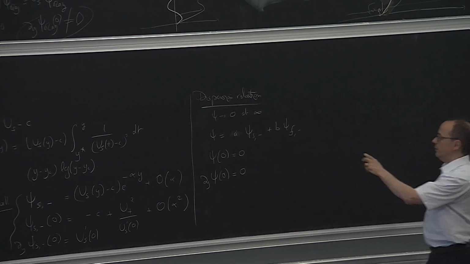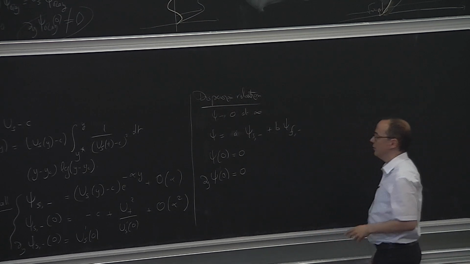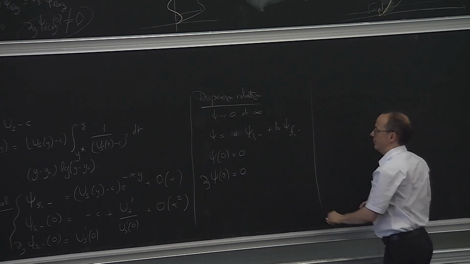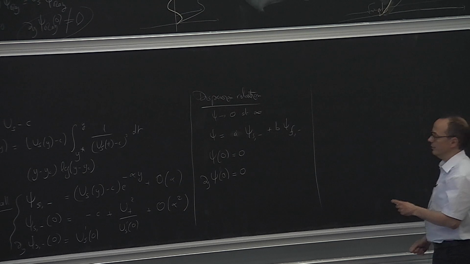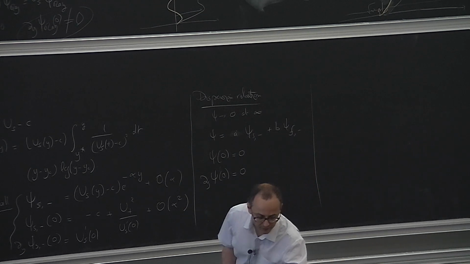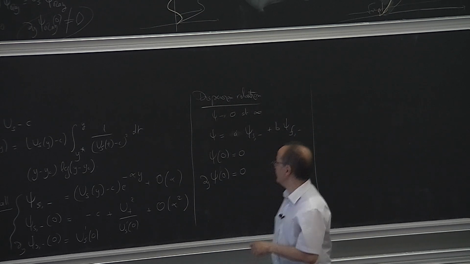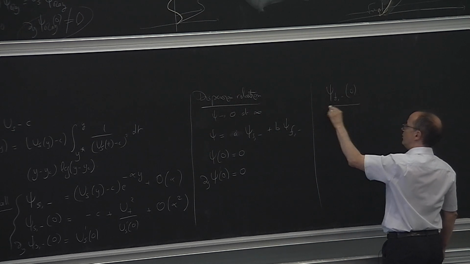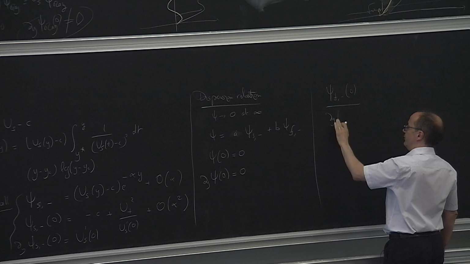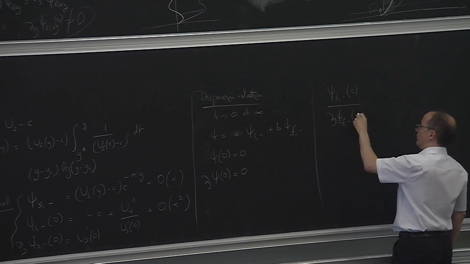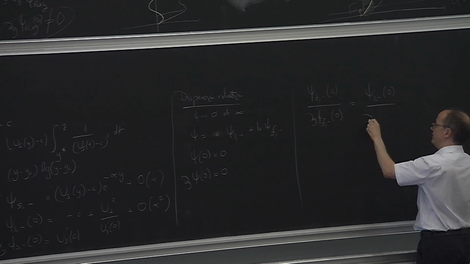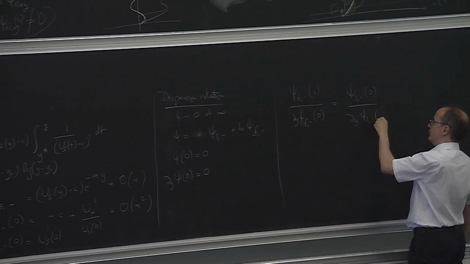Which means that we must have the same link between psi_s minus and psi_f minus and their derivatives. And so the dispersion relation can be written: psi_f minus of 0 over its derivative equals psi_s minus of 0 divided by its derivative.